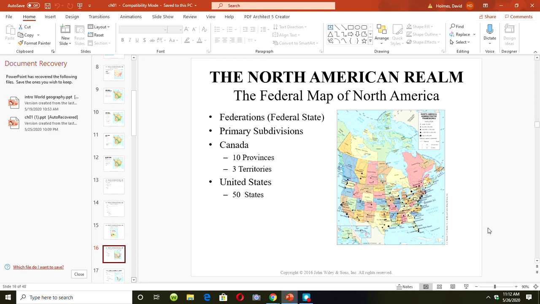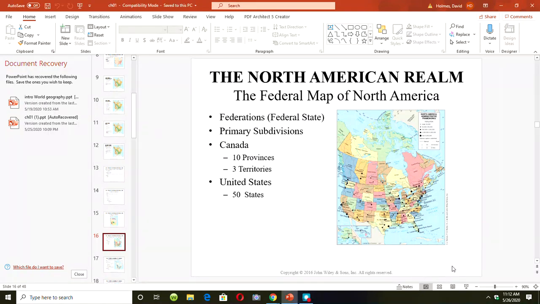We've already covered this: 10 provinces, 3 territories in Canada. We've seen some of the examples of the Canadian provinces and territories, and of course the 50 states, and I'm not going to dwell on that. If you don't know it by now, well, let's not worry about it. Other than to say that both are federal or federation governmental types.